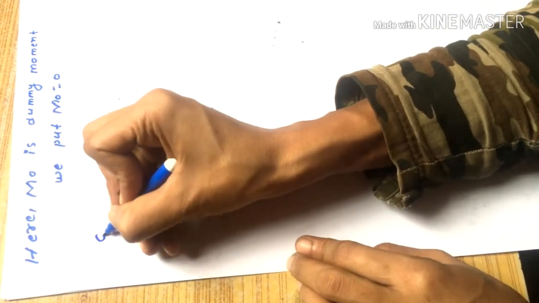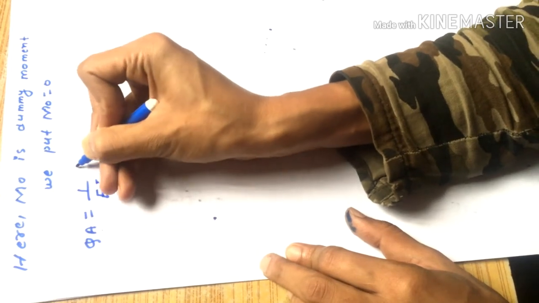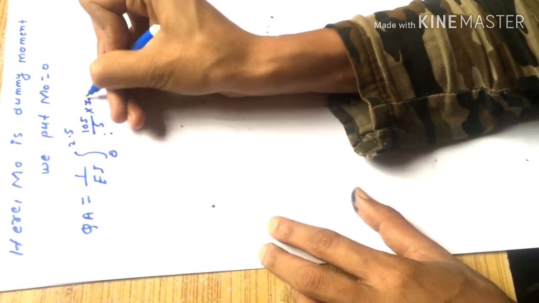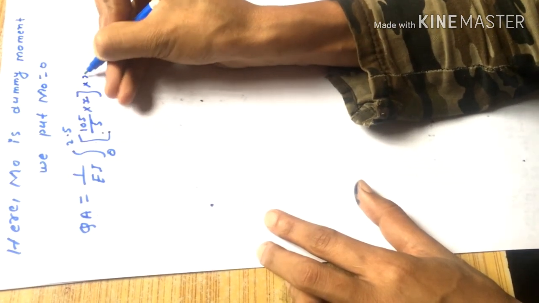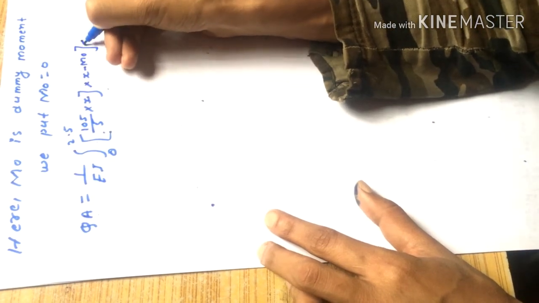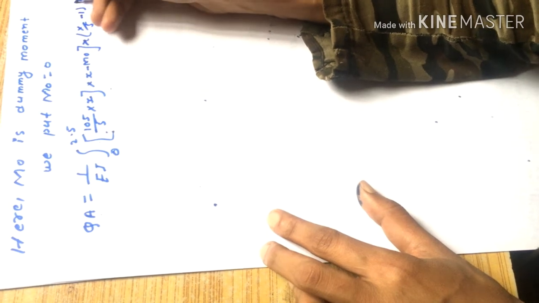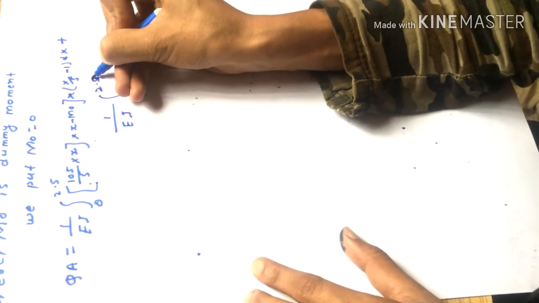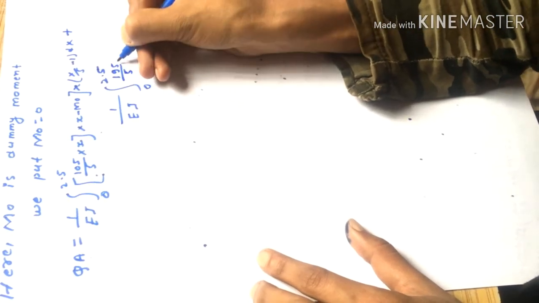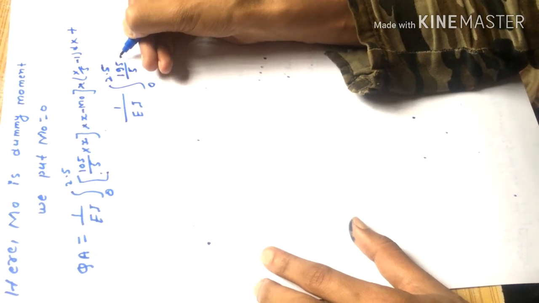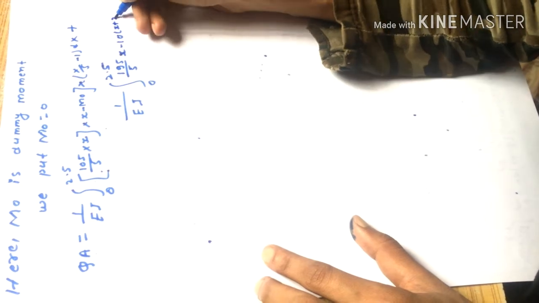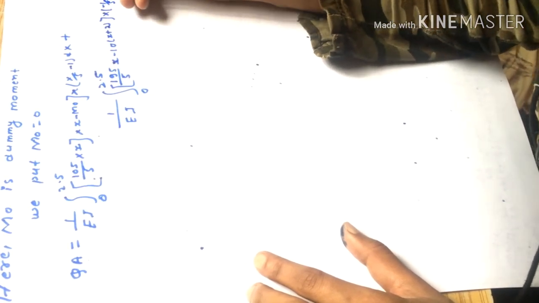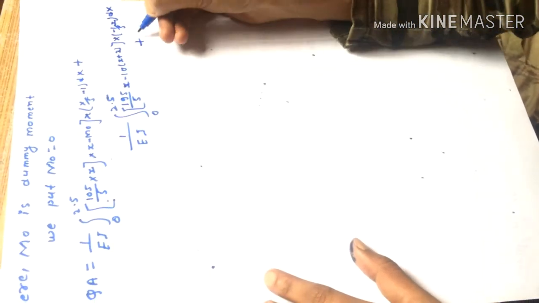So on putting the dummy moment equal to 0, we get theta equals 1 by EI, limit 0 to 2.5, 105 divided by 5 into x minus m naught into (x by 5 minus 1) dx, and for the other portion 1 by EI, limit 0 to 2.5, 195 by 5 into x minus 10 into (x plus 2), multiplied by minus 1 by 5 x dx, and for the other portion, that is BC, 0.